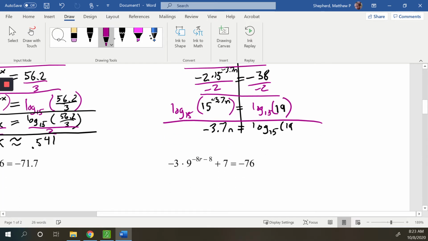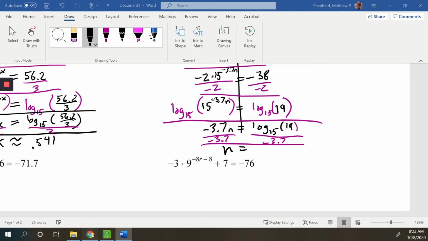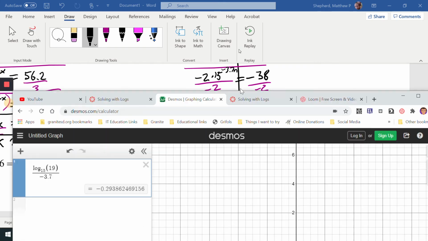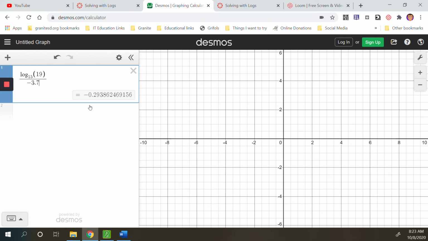So final step, we just need to divide both sides by that negative 3.7. And we will get n is equal to log base 15 of 19 all over negative 3.7. And that is going to give us negative 0.294.